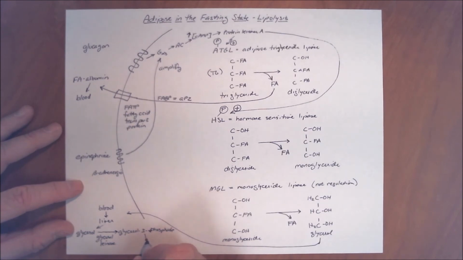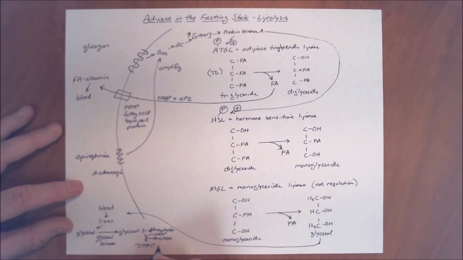This can then be processed by a redox reaction to generate NADH, and in turn generate dihydroxyacetone phosphate, DHAP, in the hepatocyte.